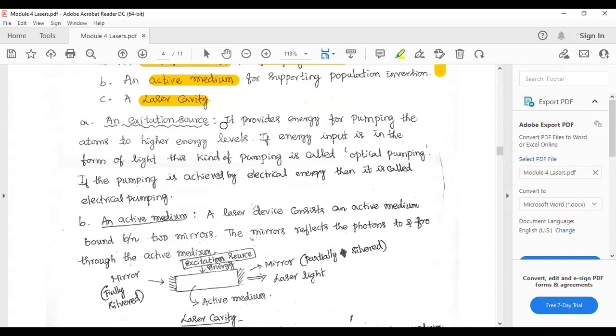The excitation source is the energy provider to the atoms, and the most common energy provider is optical pumping. Optical pumping means, for example, if you are constructing a carbon dioxide laser, you have to fill the carbon dioxide into the gaseous or fiber envelope. On the top of that, you have to wrap some flashlight tubes.